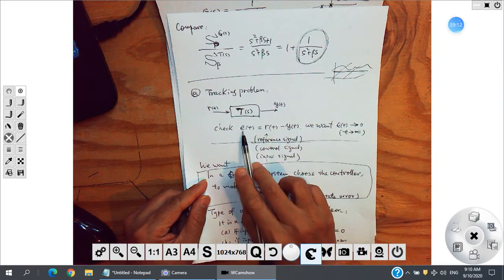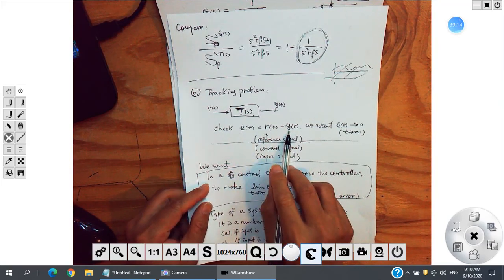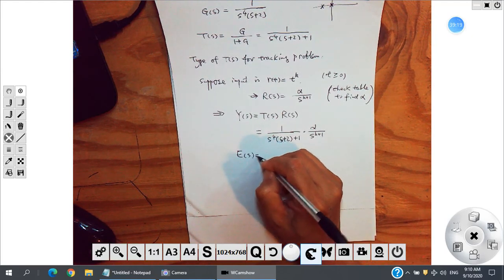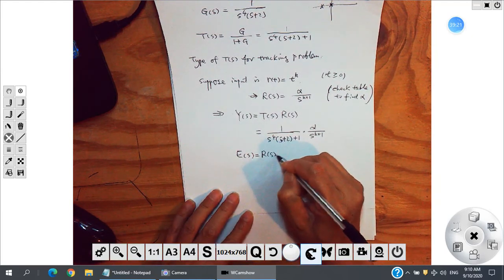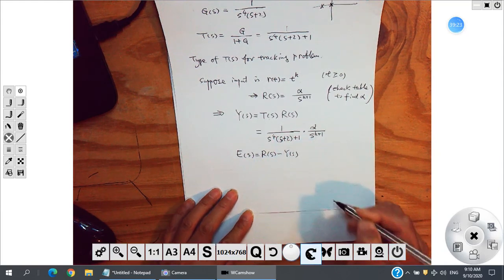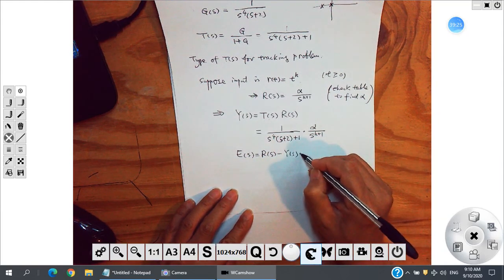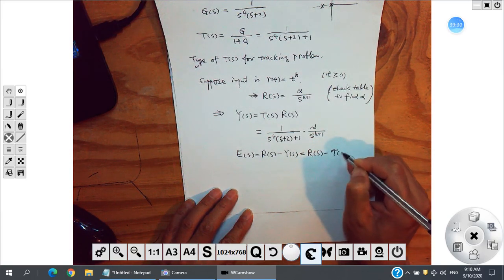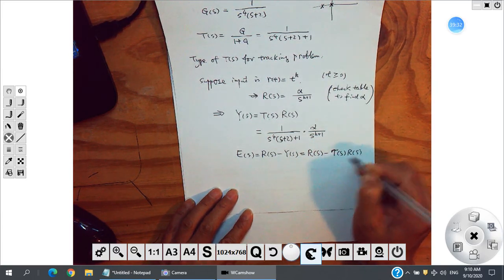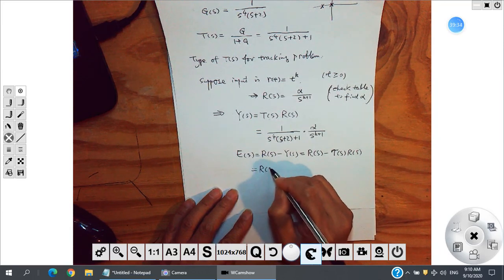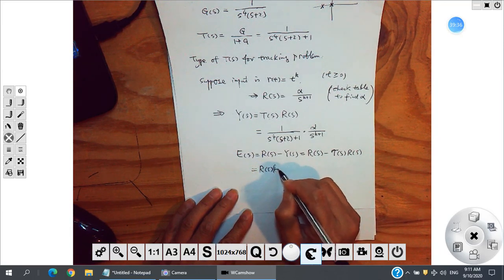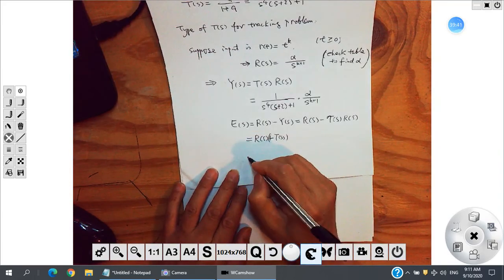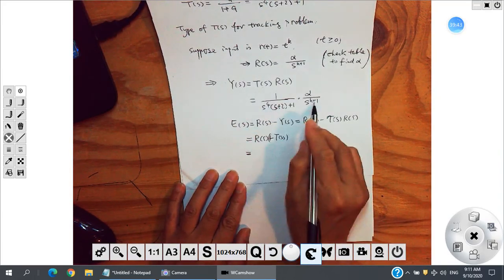We work in the frequency domain firstly, in the s domain. So we have E(s), which is R minus Y. This is R minus T times R, so it is R times (1 minus T). Yeah, this makes it simple. Anyway, you can also just plug in, which is also fine.